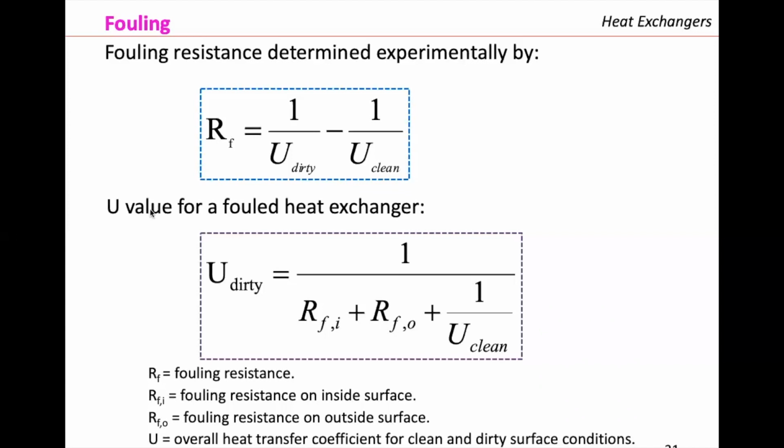So the overall heat transfer coefficient for a fouled heat exchanger is going to be 1 over U dirty equals the fouling resistance on the inside surface plus the fouling resistance on the outside surface plus 1 over the overall heat transfer coefficient for the clean surface.